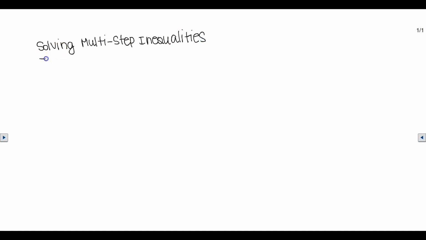Now, the good news is that you solve multi-step inequalities the same way that you would solve multi-step equations.